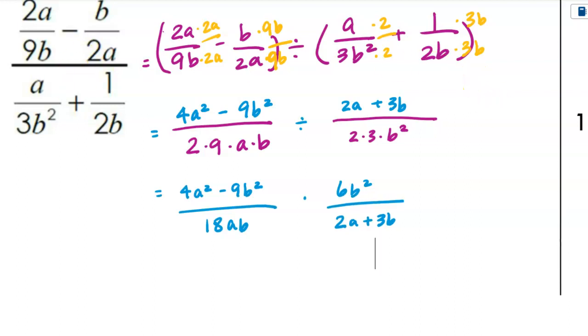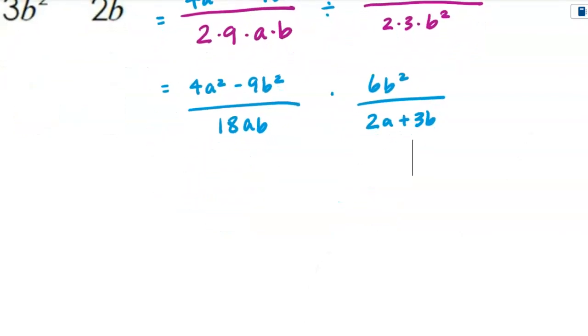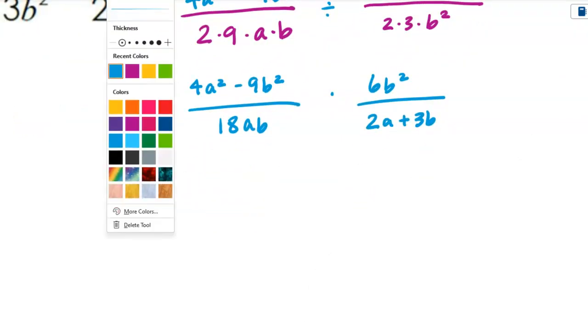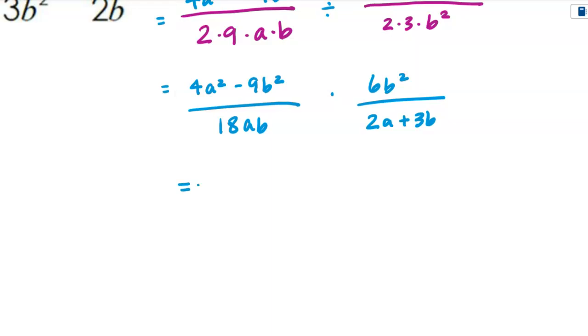Okay, are you having fun? Now, let's take a look. Now I can make it into one long fraction. But do you see this right here? That's a perfect square trinomial, guys. What are the two factors that are exactly the same that make up 4a squared? 2a times 2a. 9b squared, 3b times 3b. And isn't that what you see here?